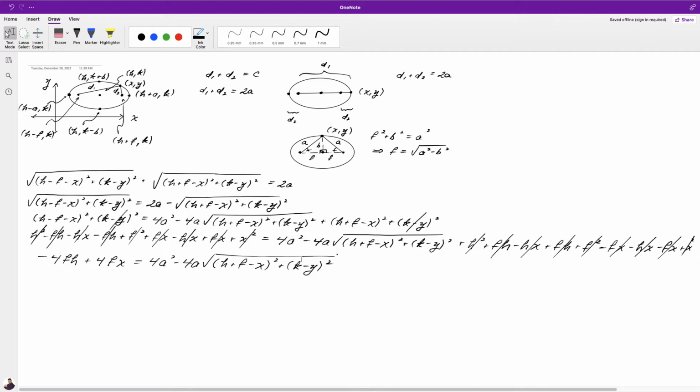Okay, yeah, looks good. Subtracting that. Adding, yep, looks very good. Well, clearly we can divide both sides by 4.